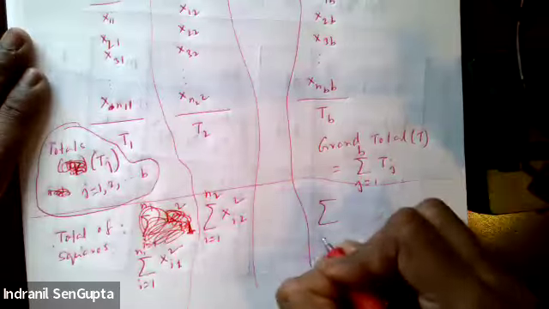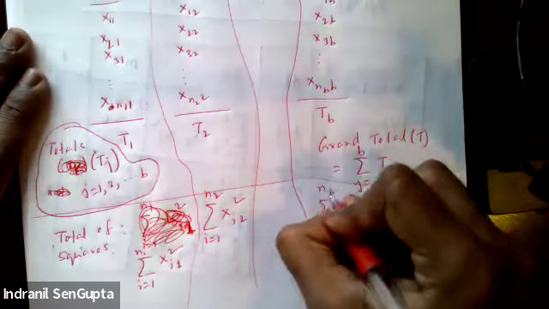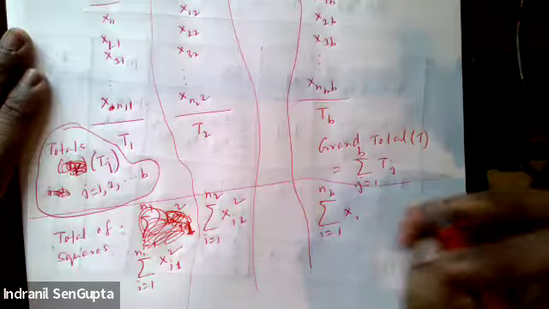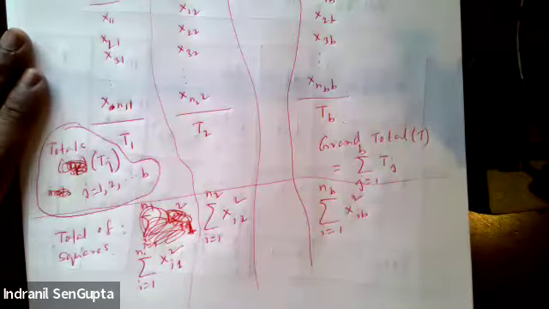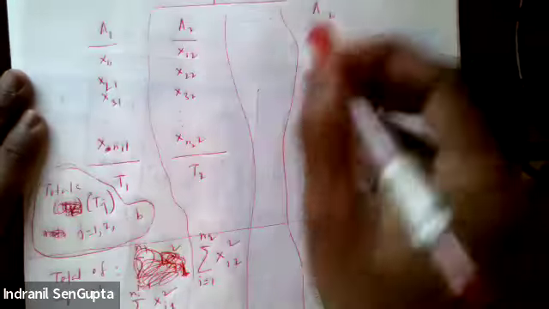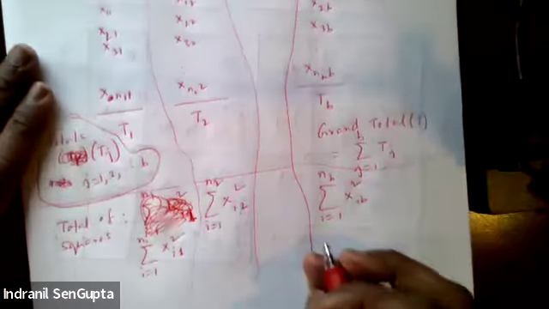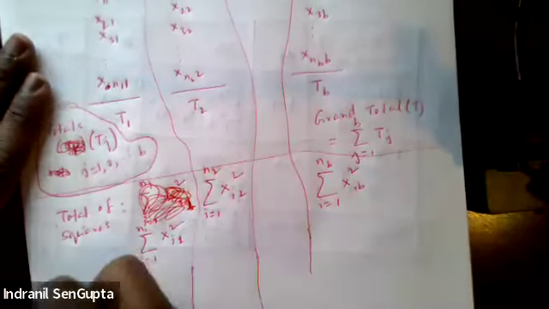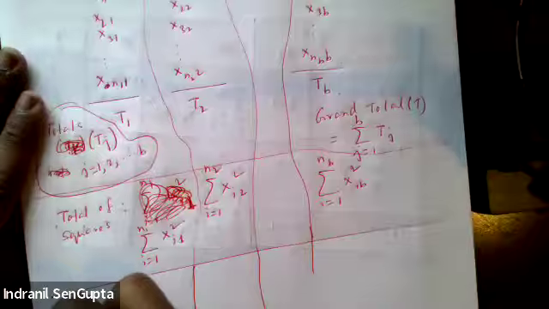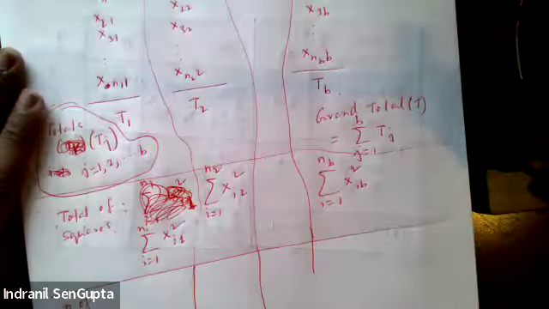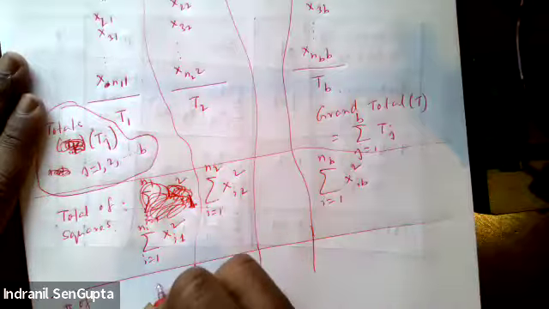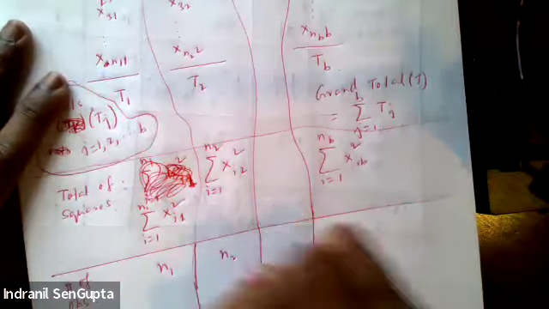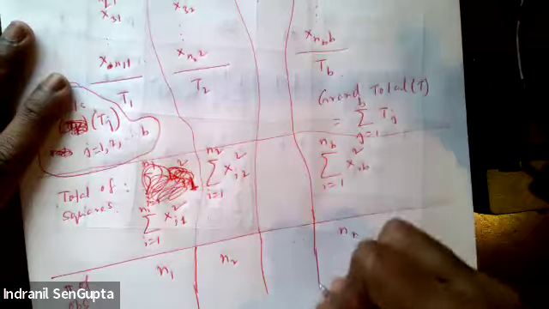Okay, so similarly here, it's the summation over i from 1 to n_b of x_i squared. That's the sum of the squares of all these, and the number of observations. In the first case there are n1, here it's n2, here it's nb.